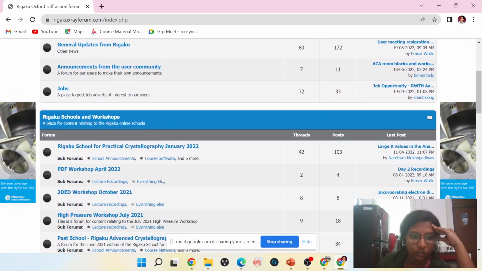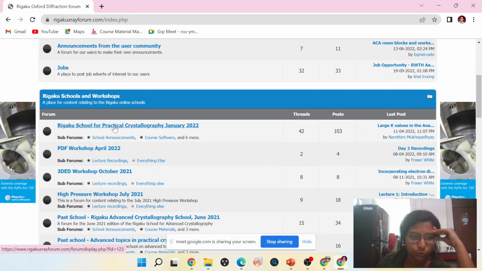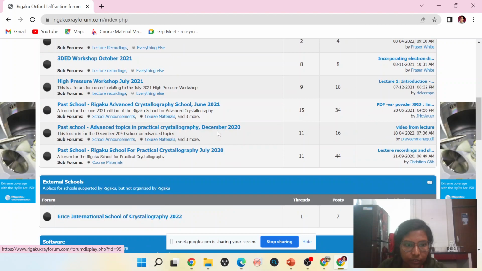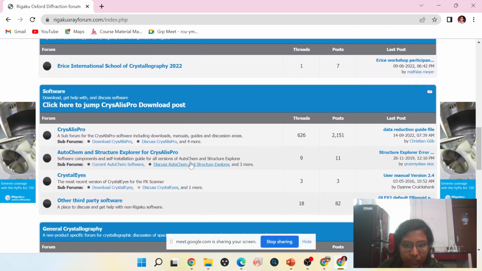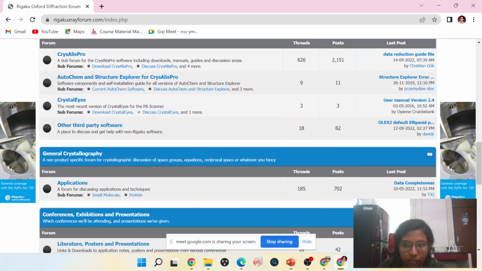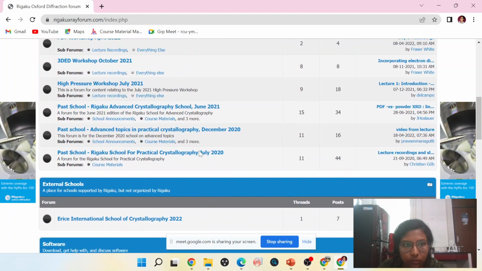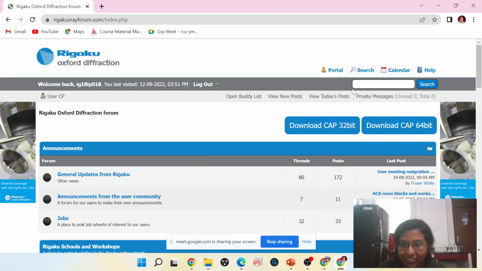Here you can see the Rigaku School for Practical Crystallography, January 2022. Maybe next year it will be held again. They hold it for both single crystal and powder diffraction, and there are some advanced topics and many things. About the instrumentation, if there is something or not, I really do not know.